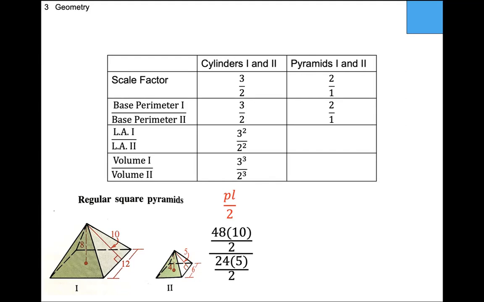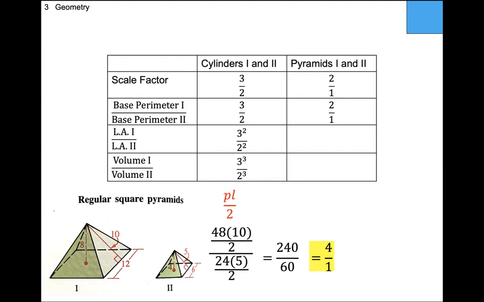If I do a copy dot flip, after the 2's cancel out, 48 times 10 gives 480. 24 times 5 is 120, and then reduce that by 60, which goes into both, and we get 4 over 1.